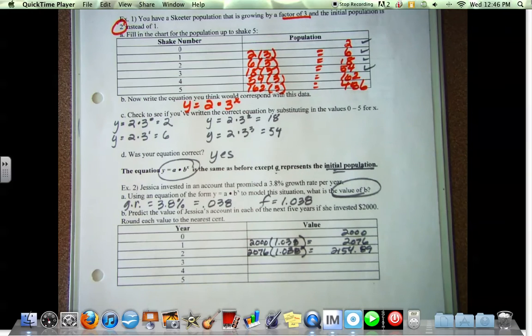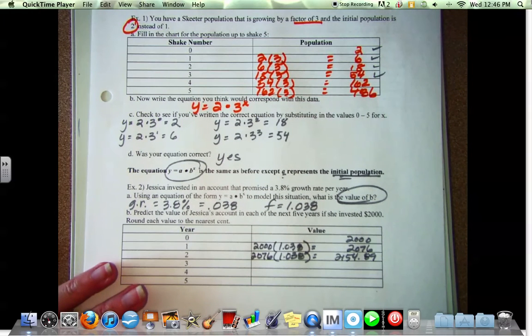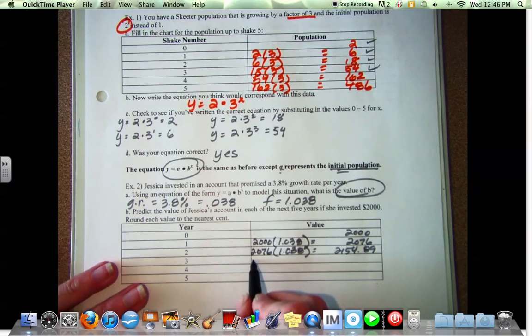All right, now there's another way that I could determine this. Can I write an equation for this? What's my initial value? 2,000. So y equals 2,000 times, what's my value of b? 1.038, to the x.